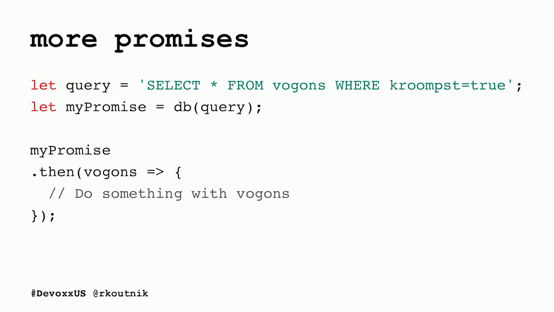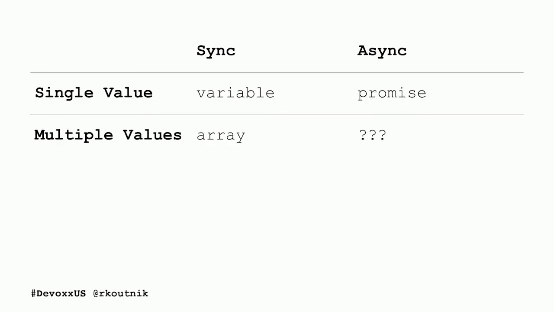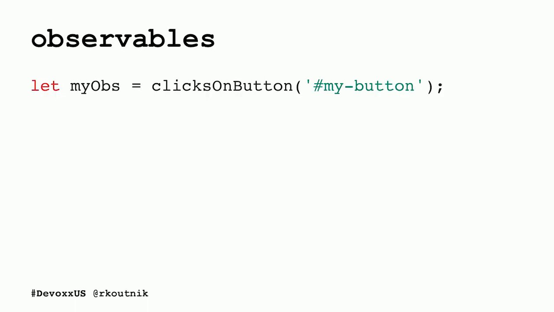So far I've talked about 3 different concepts, and none of them are observables. But by process of elimination, I'm sure you all can figure out where observables fits in. And so an observable is a collection of data where the data it contains arrives at some point in the future.